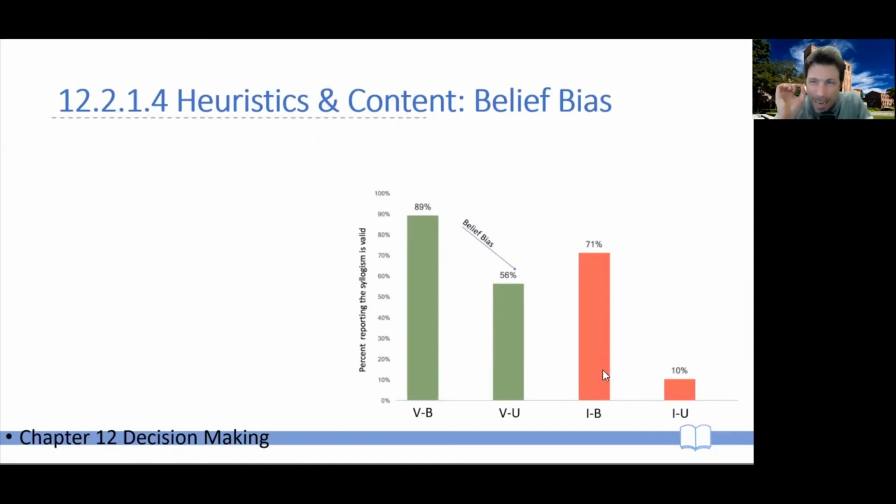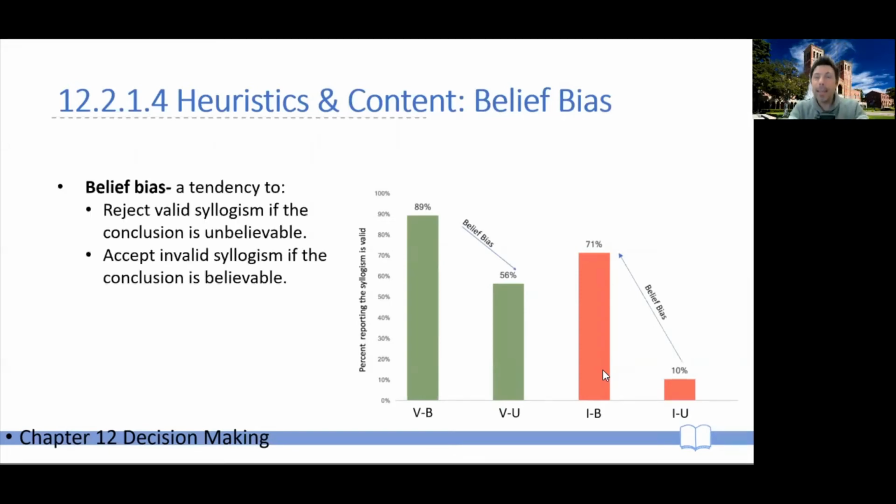But just because that last sentence is believable, people tend to think that the argument is valid. And again, the difference in judgment of the same logical structure when the conclusion is believable versus not believable is known as the belief bias. In other words, the belief bias is a tendency to reject valid syllogisms if the conclusion is not believable, and a tendency to accept invalid syllogisms if the conclusion is believable.